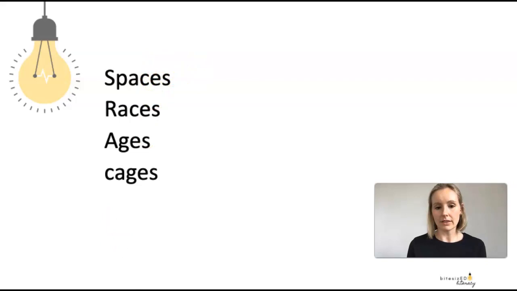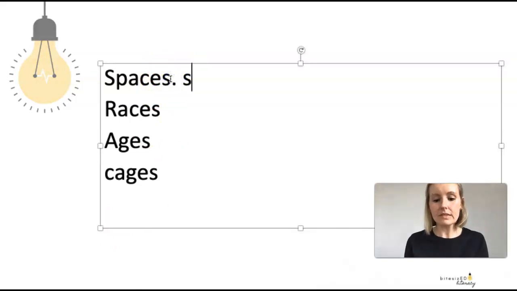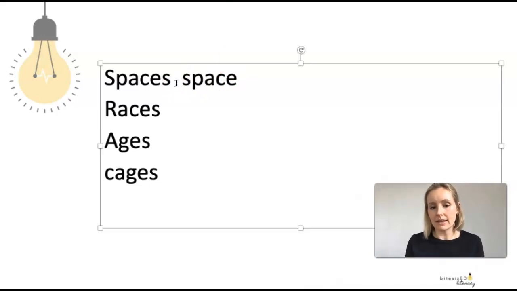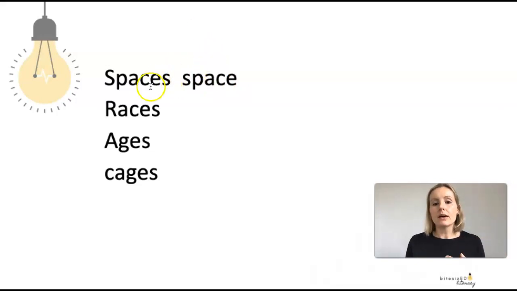Okay, so what I mean by that is, if I do this, space, right? Can you hear that in space, that e is doing a job, right? But we can't hear it. It's a silent letter, okay? It's a busy letter, but it's not making any noise, okay? In spaces, suddenly it is making a sound.